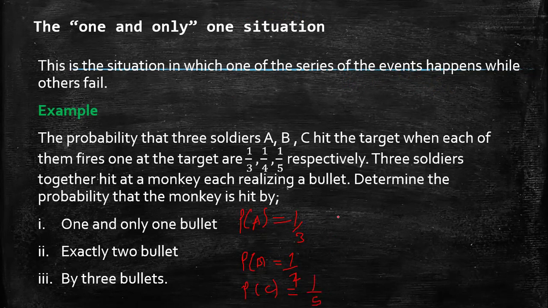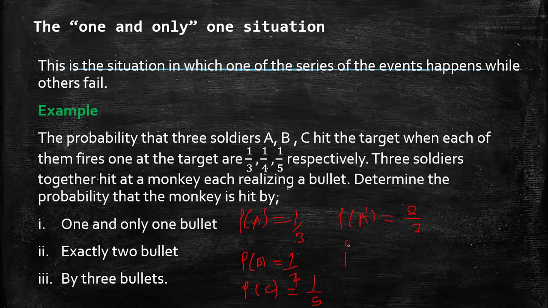So A not hitting the target is going to be A prime, which is 2 out of 3. Remember how we get it? We get probability of A, we add probability of A prime, and we equate that to 1.